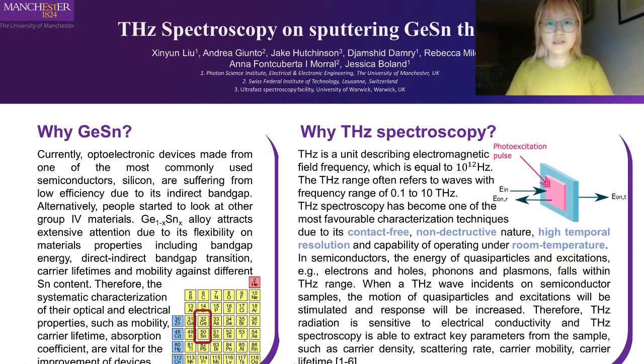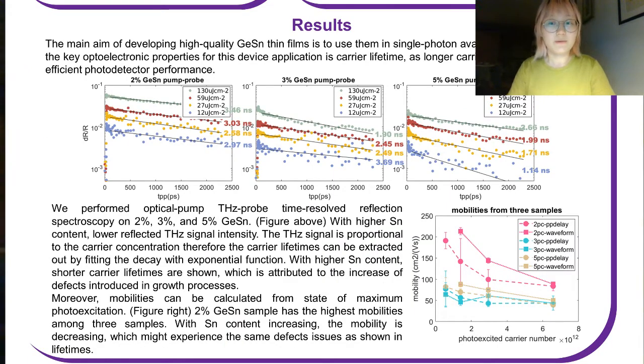Now let's look at our experimental setup. We performed terahertz spectroscopy on those germanium tin samples in reflection mode. As the substrate gives low transmission signal, a 1.5 micron optical pump was added to excite our samples.